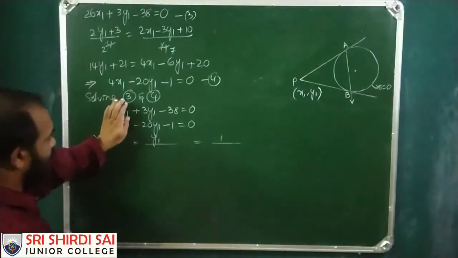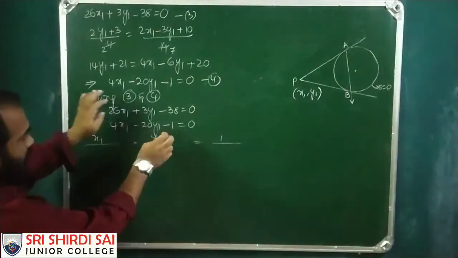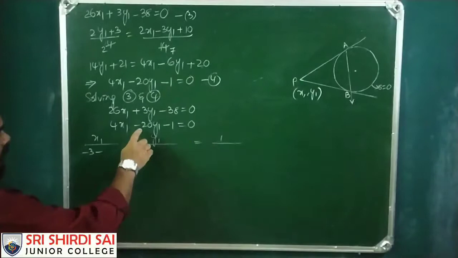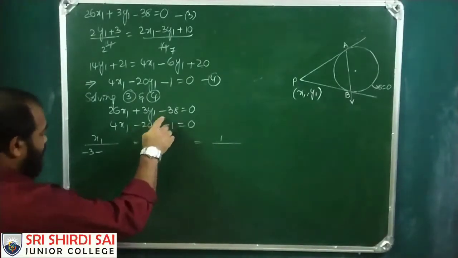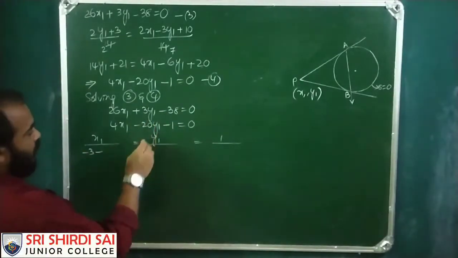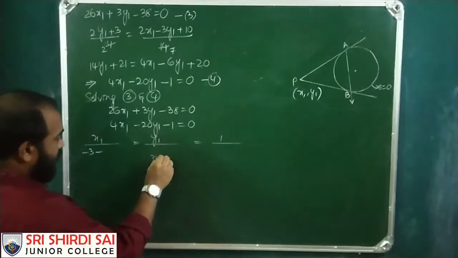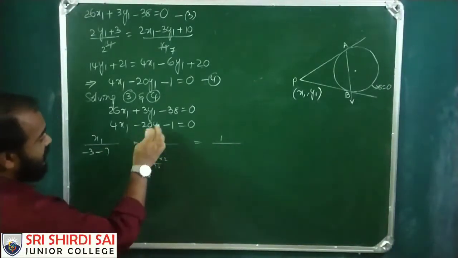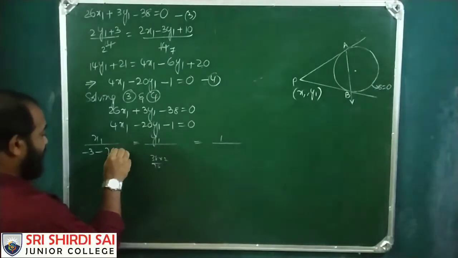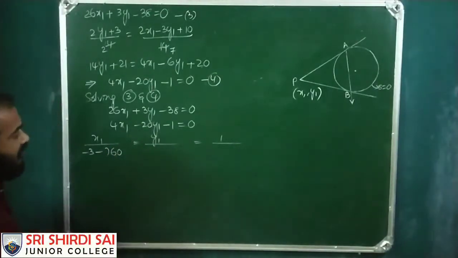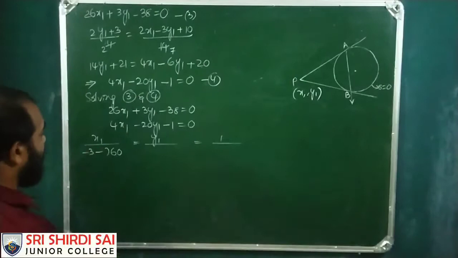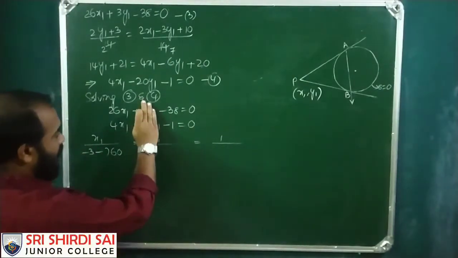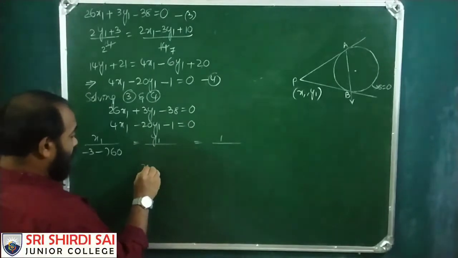So x1 into 3 into minus 1, so minus 3 minus minus into minus, plus into minus, minus 38 2s are 76, so 760, y1 by, so y1 by 38 into 4, 38 14s.